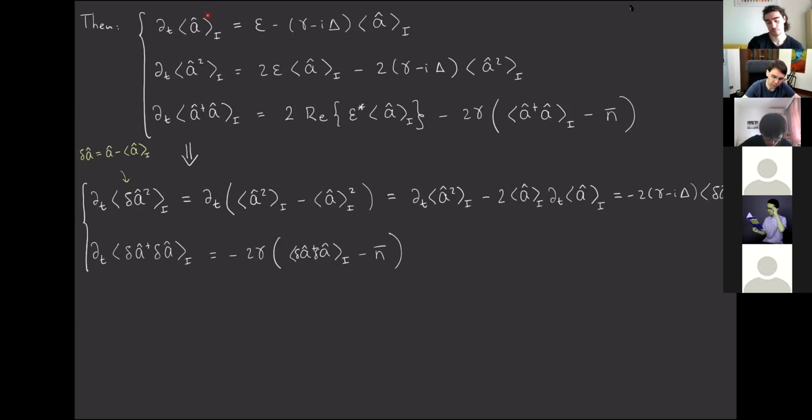We have the evolution equation for the first order moment and the evolution equation for the second order moments, or for the fluctuations.